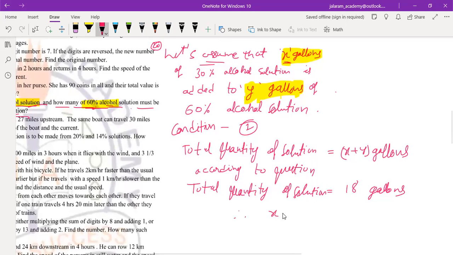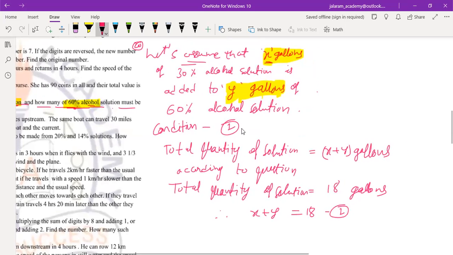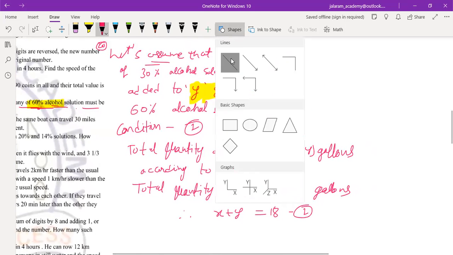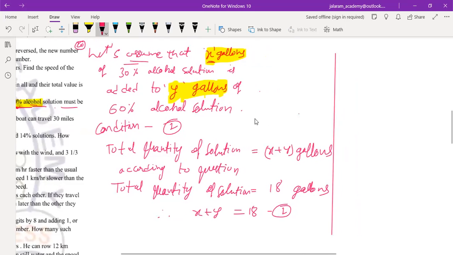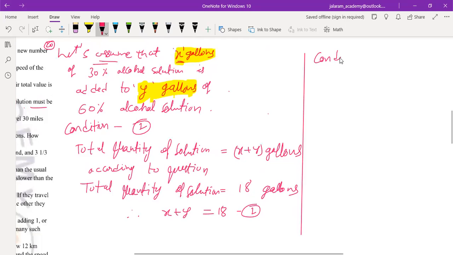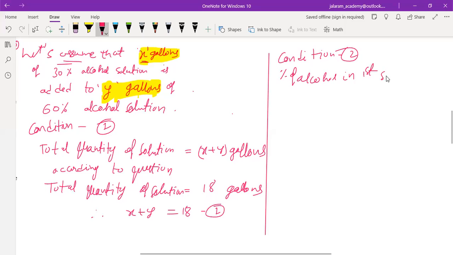Therefore, they must be equal, which means X plus Y equals 18 must be the first equation. Then we will discuss the percentage in condition 2. First we write the percentage of alcohol in the first solution. So what is the percentage of alcohol in the first solution? Look at this, it is 30%.